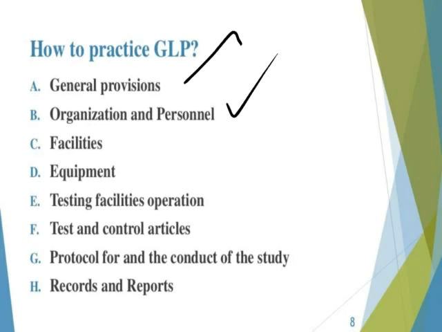Second, organization and personnel. Then equipment, then the testing facilities operations, then test and control articles, protocol for the conduction of the test, and records and reports. These are the 8 parameters which come under the GLP, or good laboratory practices.